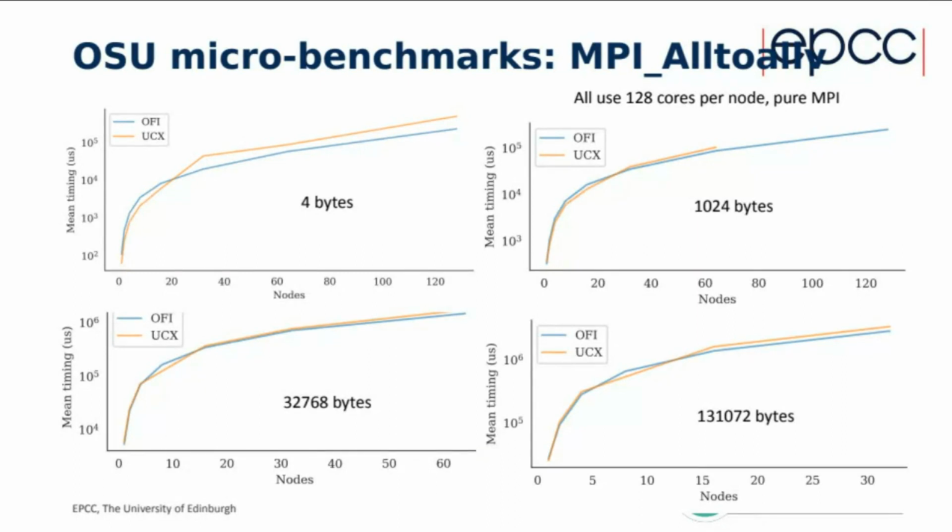Well, I think this is one of the challenges we have here, is that there's a lot of things to potentially look at, and there's only finite time to look at them. So there's lots of different ways we could take this in terms of looking at the comparison of OFI to UCX in terms of scaling the performance and what particular MPI routines like MPI_Alltoallv are doing.